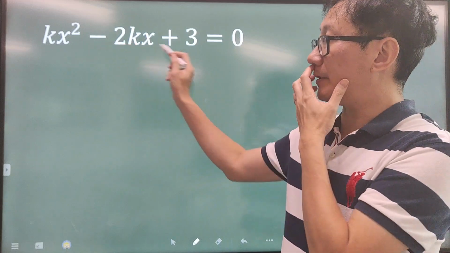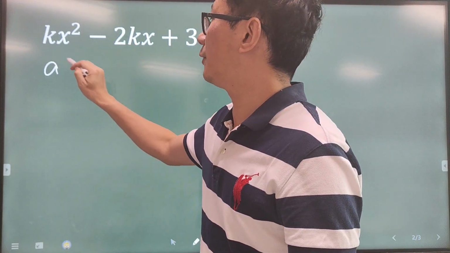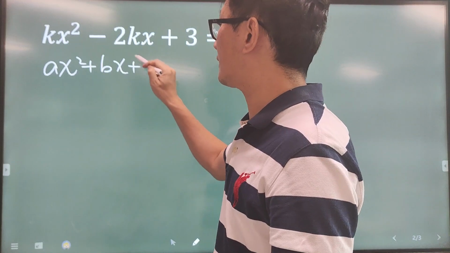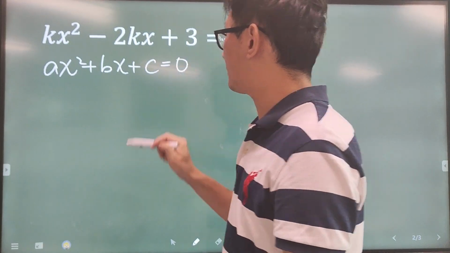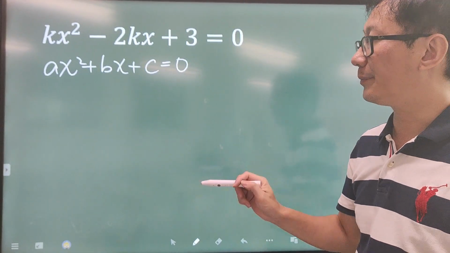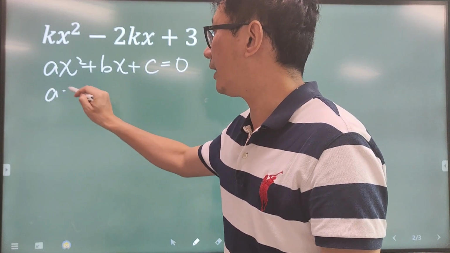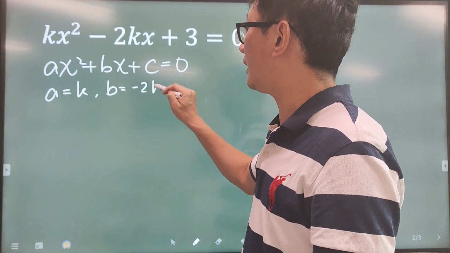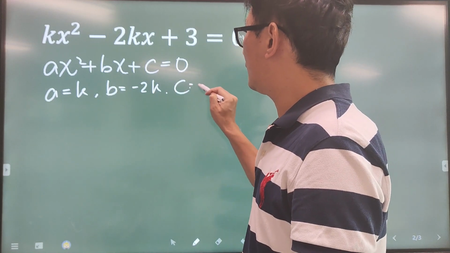So let's compare this with our general form of any quadratic equation, ax squared plus bx plus c equals 0. We compare them, we'll see that our a is k, our b is negative 2k, our c is 3.